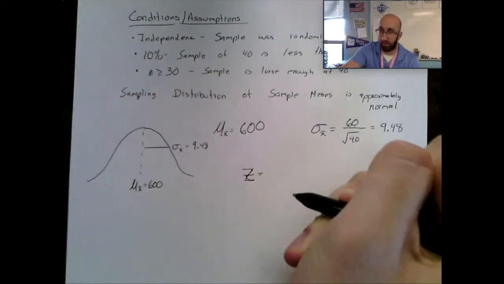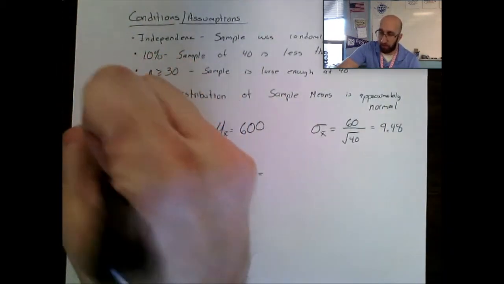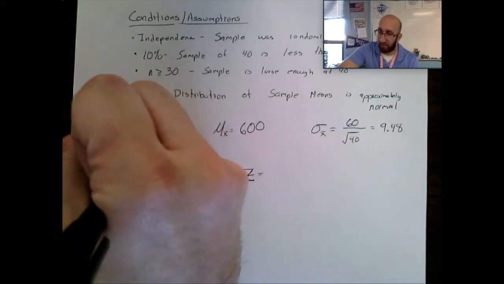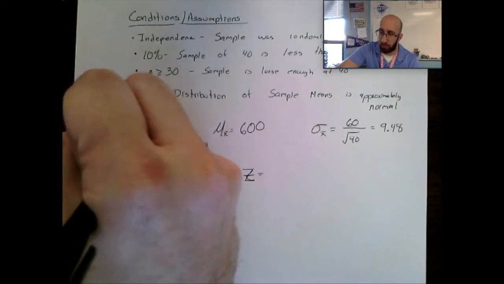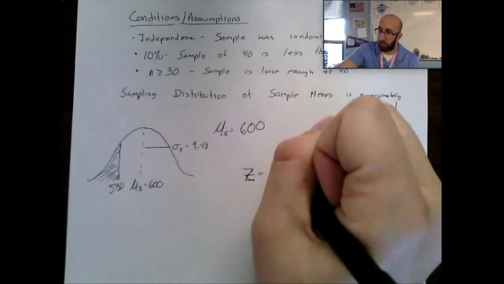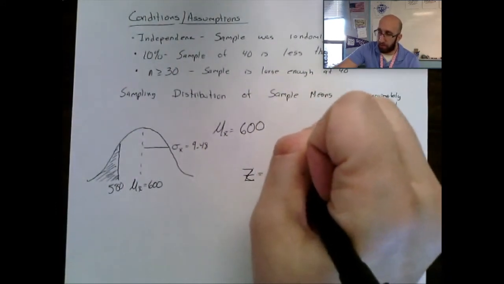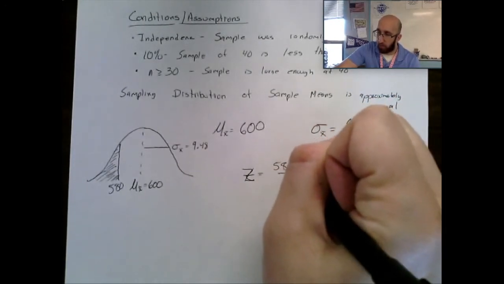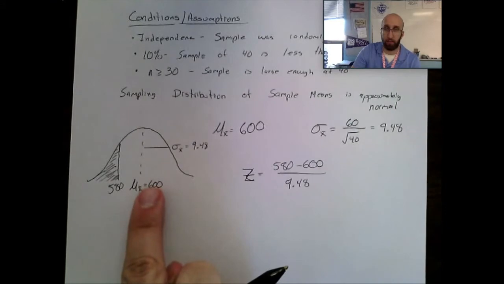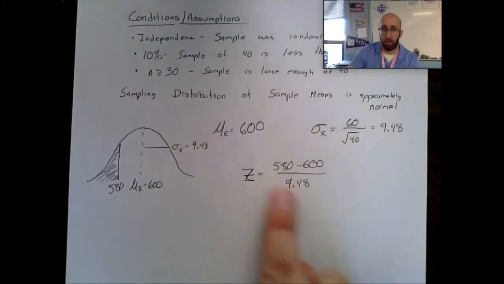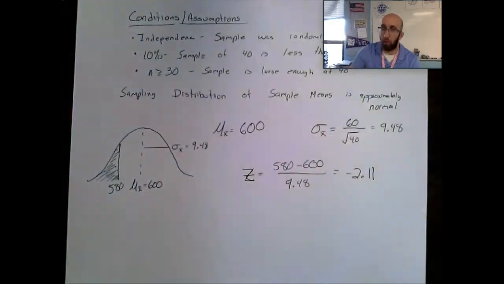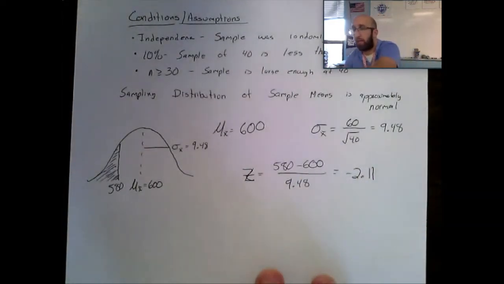If 600 is in the center, 580 would be right around here, and we want the probability of less than 580, so we're talking about the area to the left. Doing a z-score here, we're doing 580 minus 600 divided by 9.48. I got that all from my sampling distribution. I did this calculation and rounded it off screen. It's negative 2.11. So we're almost done.